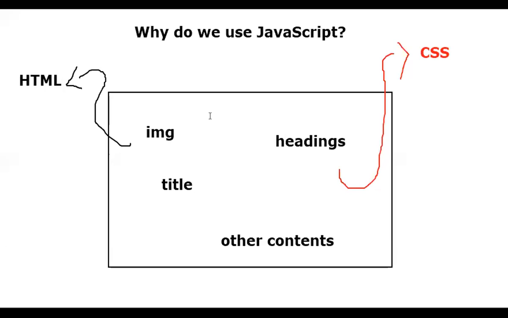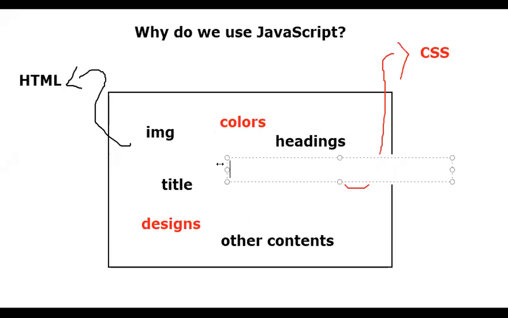So CSS took the care of, let's say, colors. I'm gonna add these really simple attributes over here. So colors, let's say designs. Am I spelling it wrong? Maybe. I'm just kind of a little confused, but that's fine. Colors, designs.